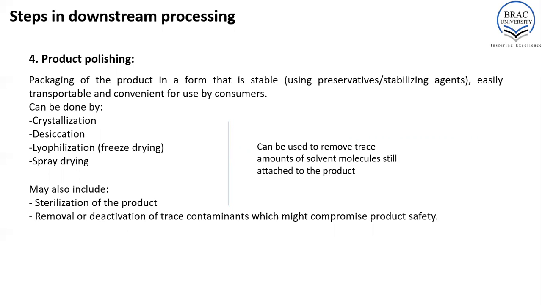Then a final filtration can be done through a 0.22 micrometer filter, which allows the product to be sterile. Then the product is filled in an aseptic filling area. Finally, freeze drying or lyophilization can be done if the product is to be marketed in powdered format. These are the main 4 steps of this downstream process.